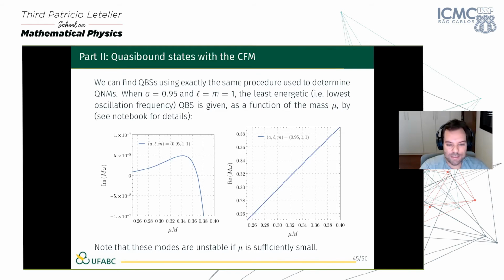So this analysis is at the linear level, right? We are just studying a perturbation around a black hole, and the black hole background is fixed.